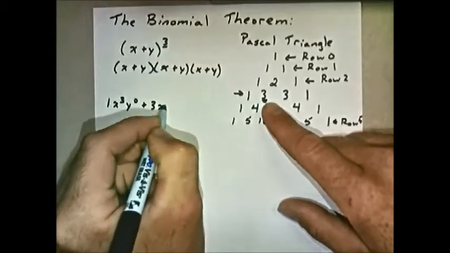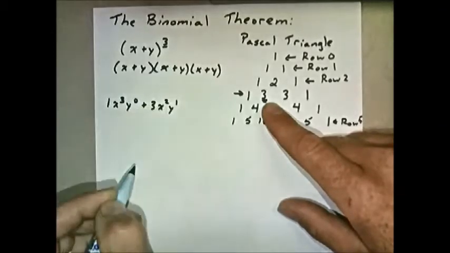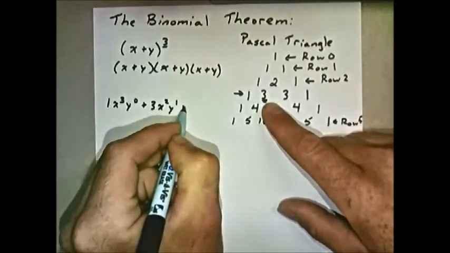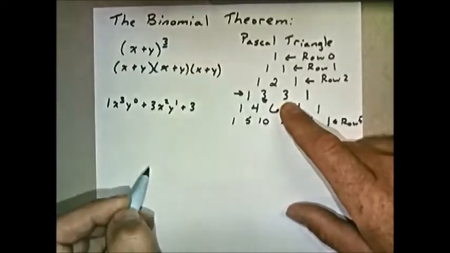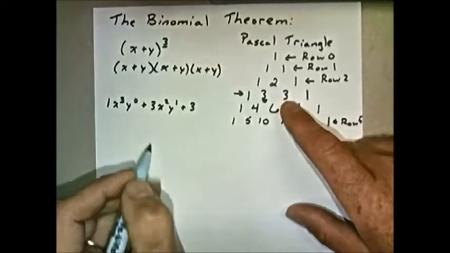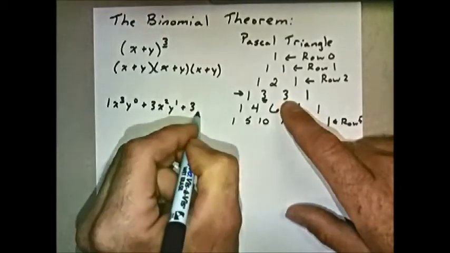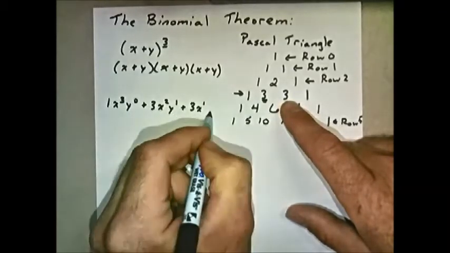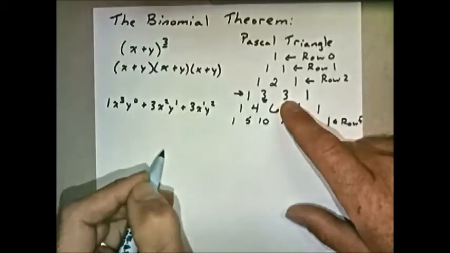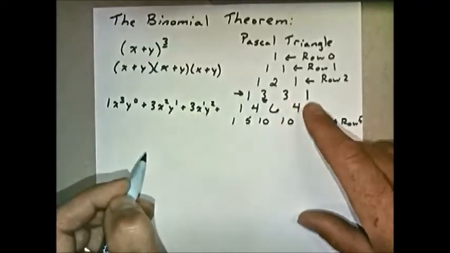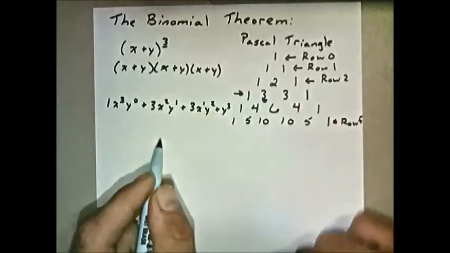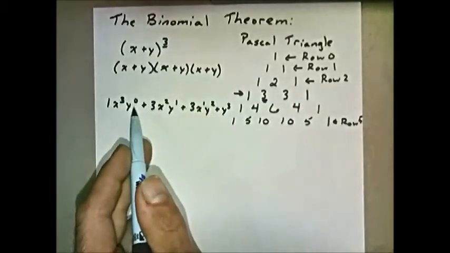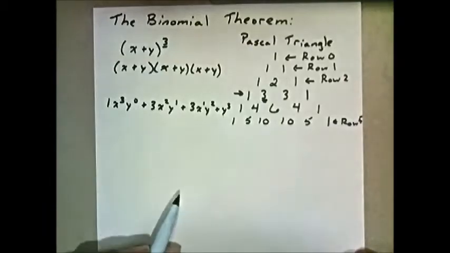So 3x squared y to the first. Our next term will begin with 3 from Pascal's triangle, decreasing our x terms, so we have x to the first and y squared. And we're going to end with 1 y to the third. We have no x's, and our coefficient is 1.